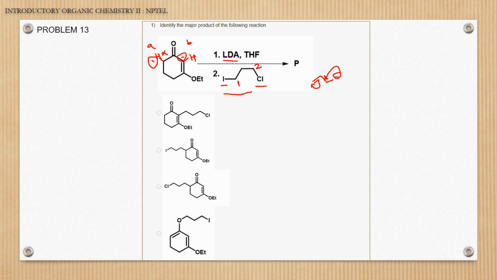Iodine is a good leaving group, better than fluorine and chlorine. That is why your negative charge is now attacking carbon number 1 rather than carbon number 2. So it will displace your iodine and you will get the product. So what is the correct product then? Option number 3. Third will be the correct option.